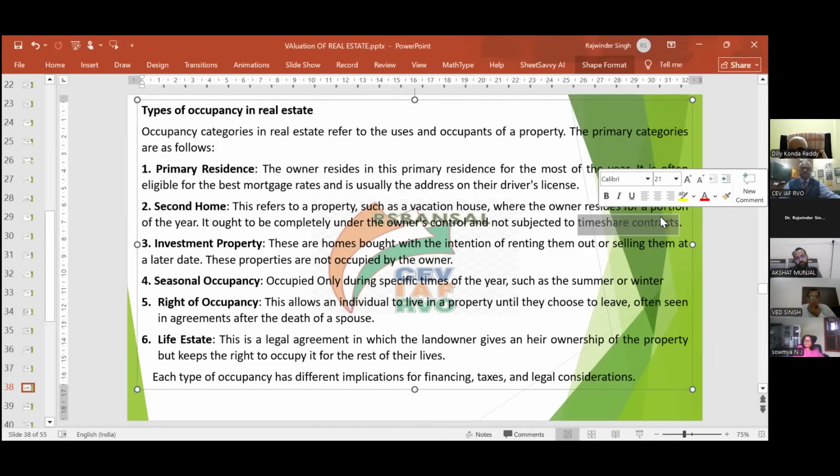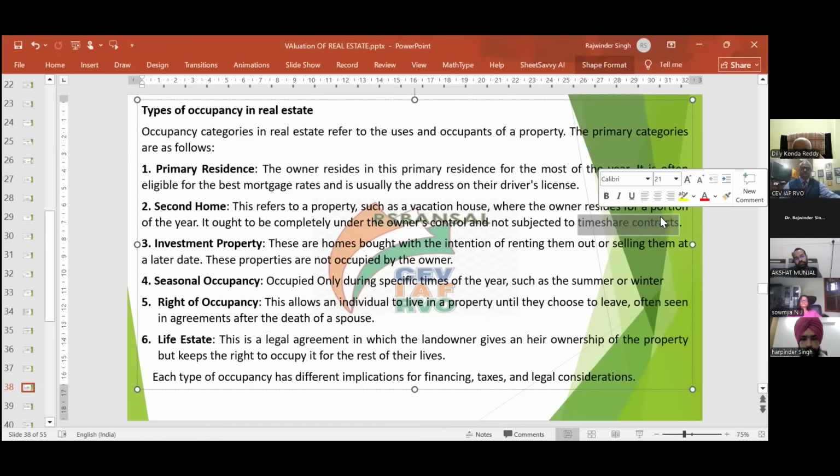Then investment property, the properties which are bought with the intention of giving them on rent for fetching some income. That is investment property. Then seasonal properties that are occupied only at specific times of the year, such as when you go to a mountainous region during the summers to spend some time there.